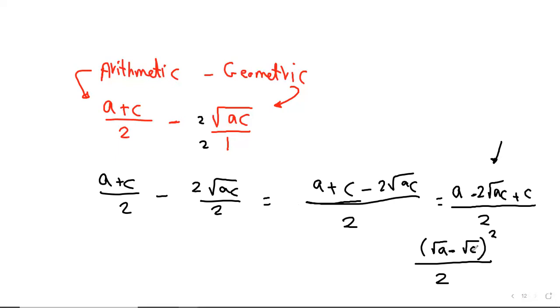Because this expression is raised to the power of 2, it's positive all the time. And a positive value divided by a positive value is greater than 0. So the geometric mean is smaller than the arithmetic mean, because when subtracting the arithmetic minus geometric, we have got a value greater than 0.